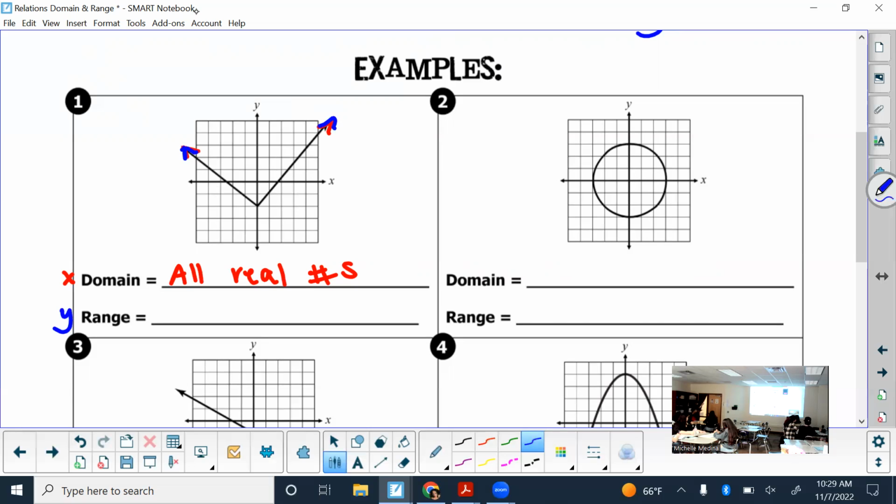Yes, they kind of go out diagonally. So yes, eventually they'll just keep going up and up and up. Because it has arrows, it goes on infinitely. Does it go infinitely downward? Where does it look like it stops at? What's the lowest part of my graph on the y-axis?